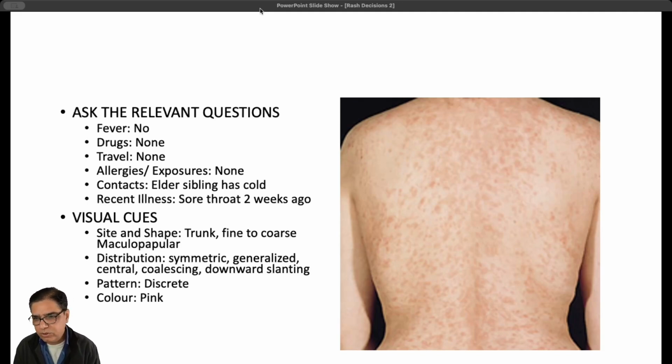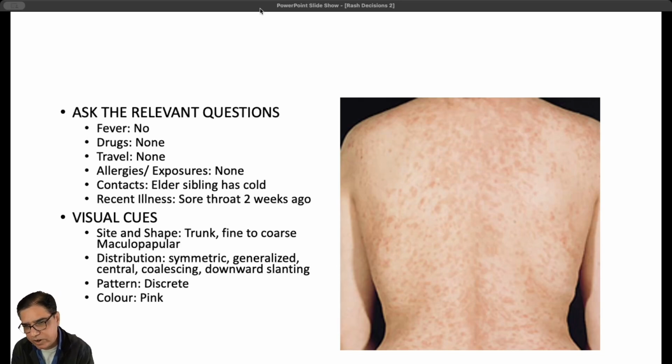Some of the lesions are coalescing into one another. It's symmetric. And if you see whether it makes any sort of a pattern, it is discrete, but it looks like it's downward slanting in the form of a Christmas tree pattern. Pink color, downward slanting, Christmas tree pattern.